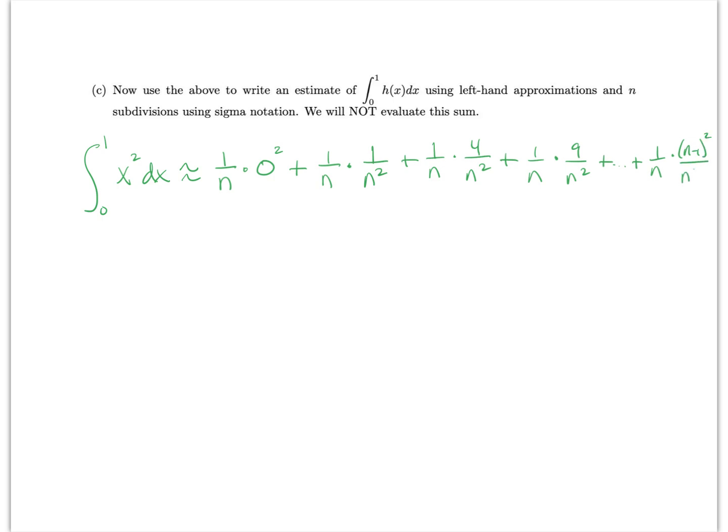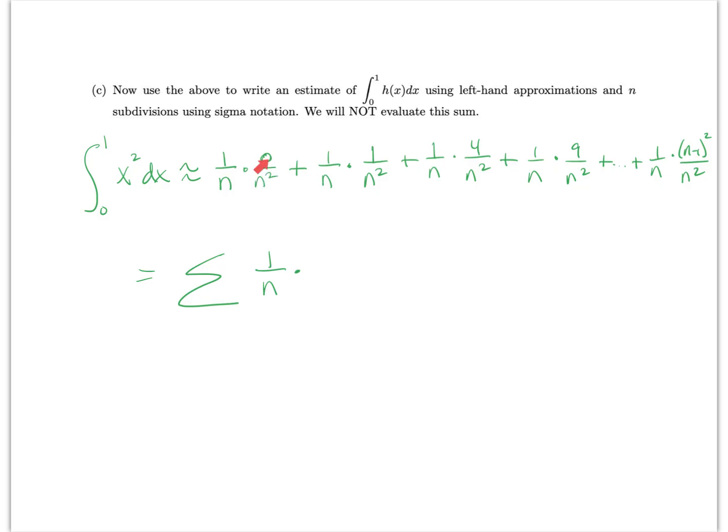squared over n squared. And if I want to write this in sigma notation, I would look at all of these terms and say, okay, what do they have in common? They all have a 1 over n as the first factor. So it's going to be 1 over n times something. And the something is going to be, maybe instead of writing this as 0 squared, I might put that as 0 over n squared instead of just 0.